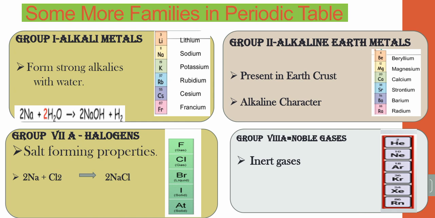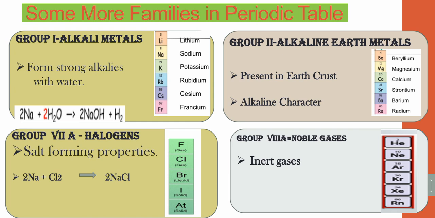Group 8A is known as the family of noble gases. These are inert gases because they have a complete valence shell. So, these gases do not react with any other element in normal conditions.